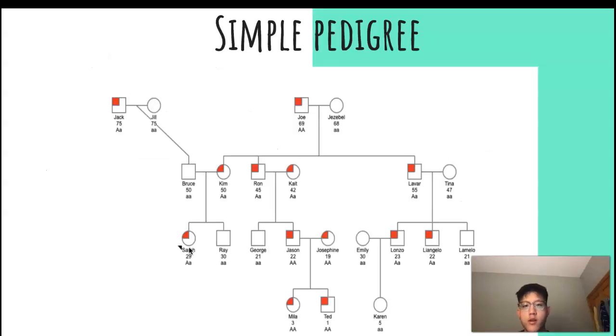All right. Following this pattern, I pulled this from the pedigree homework assignment. As you can tell, squares represent males and circles represent females, and those that are affected are color coded.